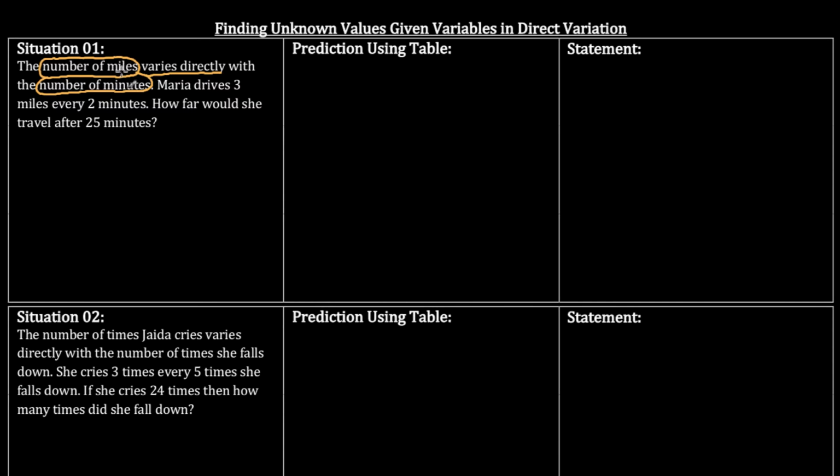So the one that we care about is the number of miles. So variable 2 is the number of miles. Variable 1 is the number of minutes.